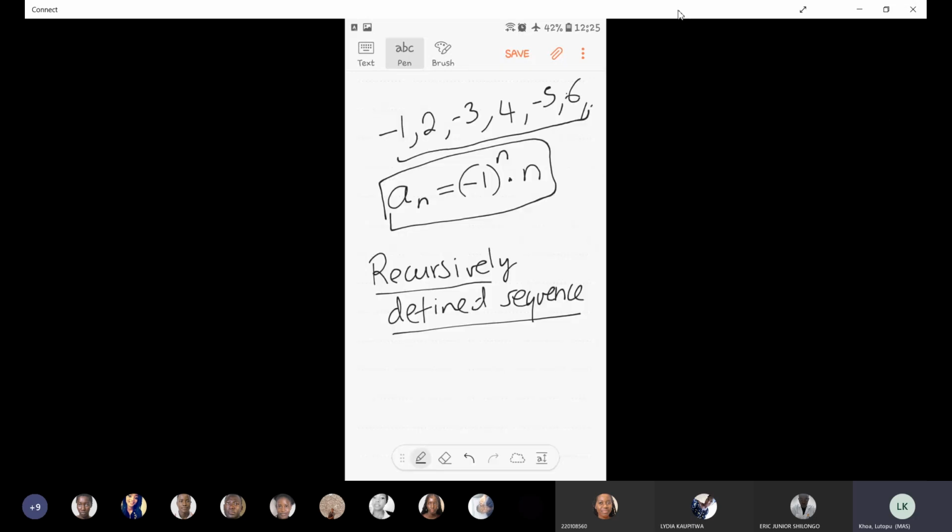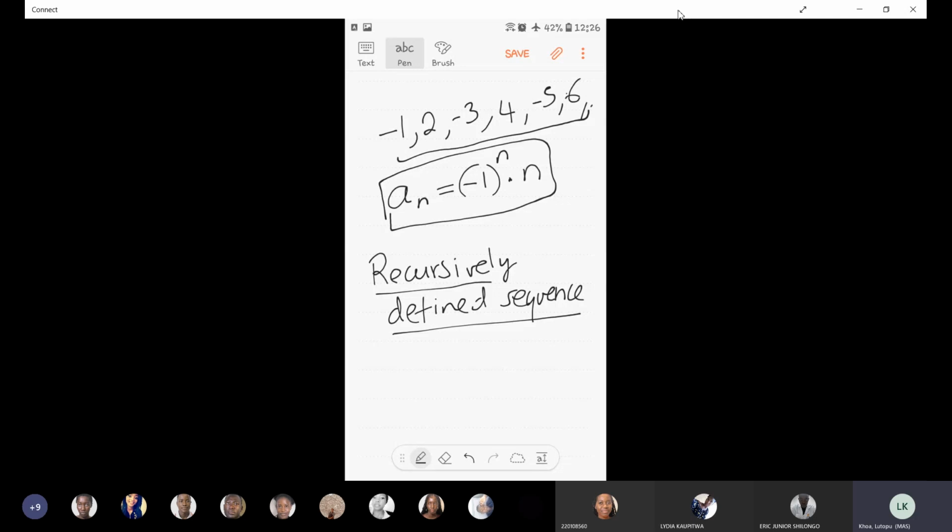You multiply it by -3, and then to get the next one, you multiply it by -3 again. A recursively defined sequence is where, in order to get the next one, you must know the previous one. If you don't know the previous one, then you cannot work out what comes next. So each successive term is defined using the preceding term.